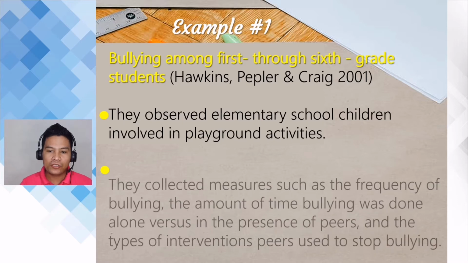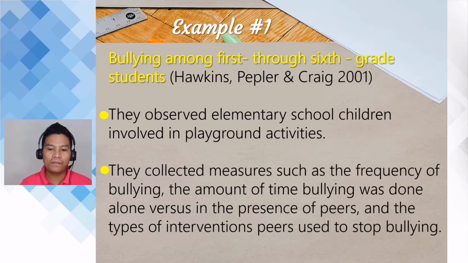They collected measures such as frequency of bullying, the amount of time bullying was done alone versus in the presence of peers, and the types of interventions peers used to stop bullying. Such a study allows authentic understanding of bullying in a particular real-life context or situation.